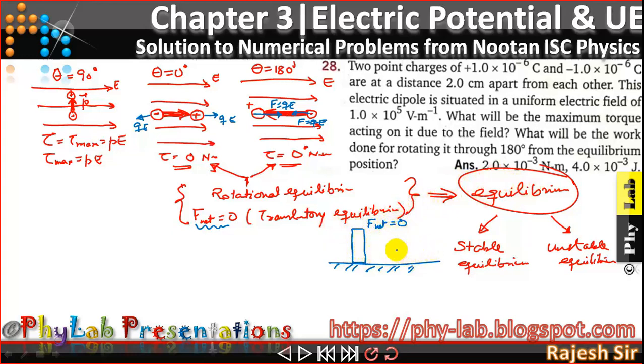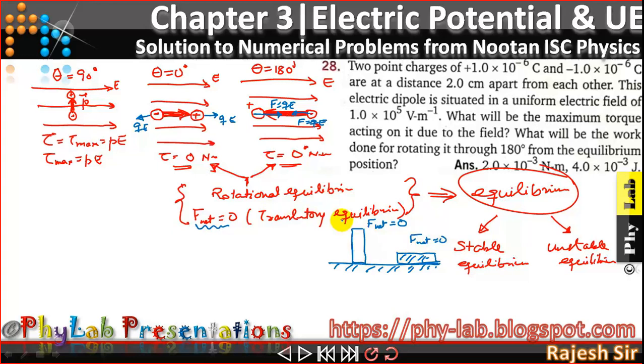Similarly, I can place the same block in this manner also. Now when the block is placed in this manner also, the net force acting on the block will be zero. Since the force acting on the block is zero, both the states of the block are in equilibrium, but which one is the stable equilibrium position and which one is the unstable equilibrium position?